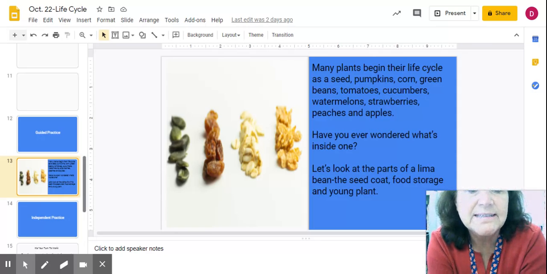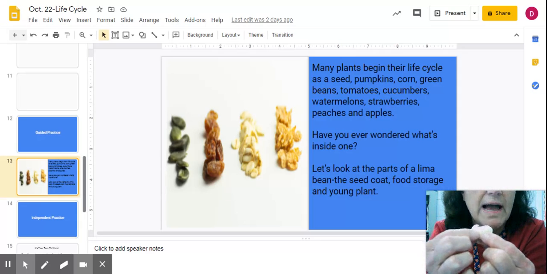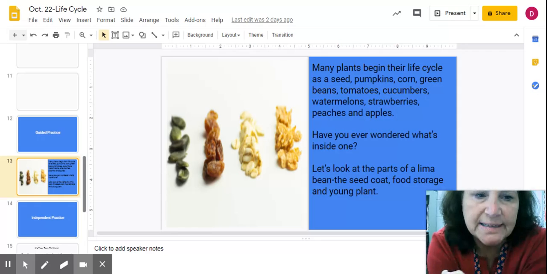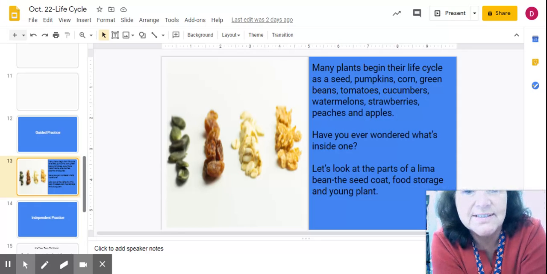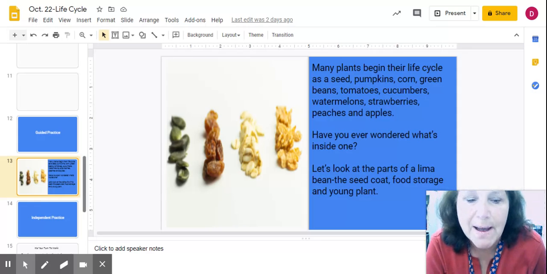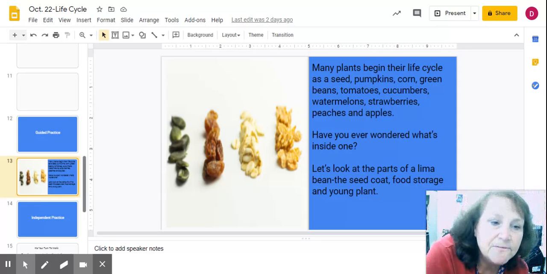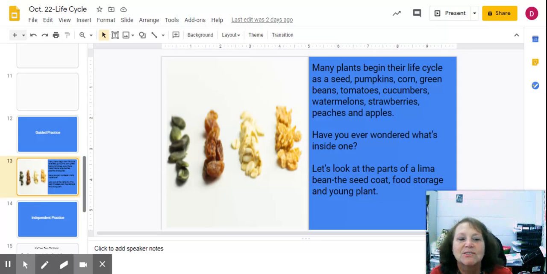This big section here, the white sections, that's food storage for the plant. So as the plant sprouts and starts to grow, it feeds the plant. It's that food storage all stored up to keep the plant living.